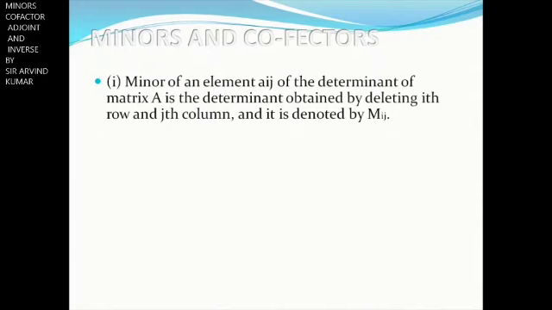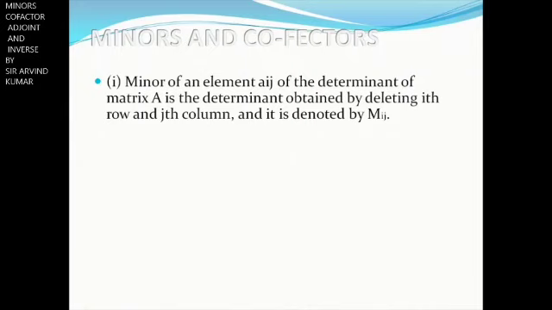Actually, what is a minor? A minor is a smaller part of a matrix, meaning the determinant of a matrix which we obtain by deleting the ith row and jth column. Suppose there is a matrix A of order 3 by 3.